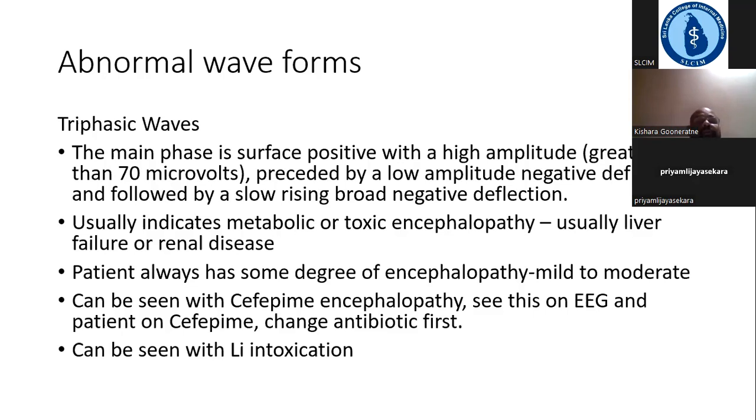Generally, it indicates that this patient may have metabolic and toxic encephalopathy, but it can also be seen in patients who are having non-convulsive status. So you need to be very careful in how you interpret these, whether this is a patient who is actually in encephalopathy or whether this patient is actually having non-convulsive status. There are other EEG criteria that we generally look out for, but we need to look at it in a very contextual manner.